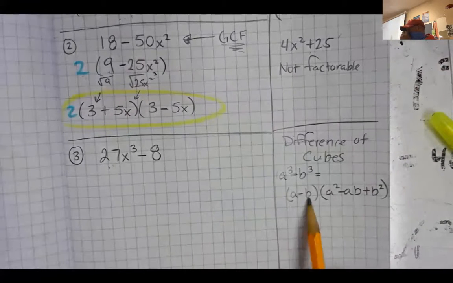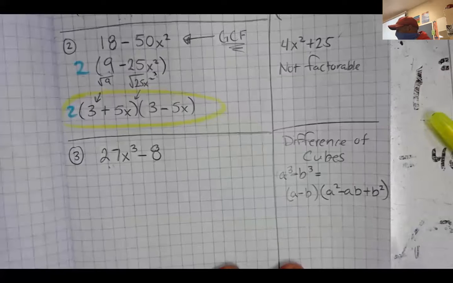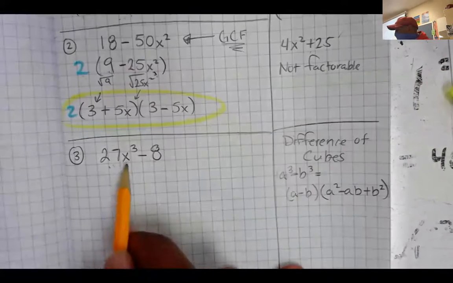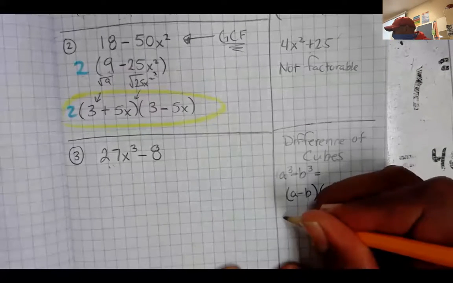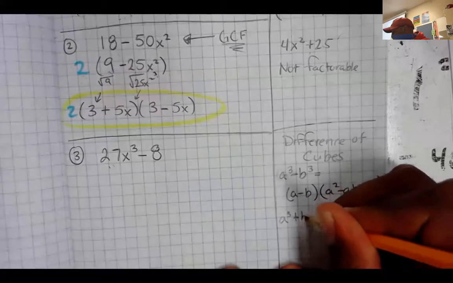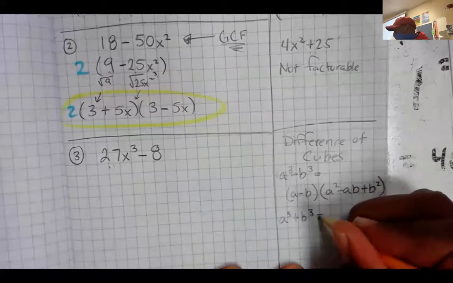I'll show you how to find the A in a second. And in this case it's a difference, so we're subtracting, but if it was plus, you're adding the two numbers instead.